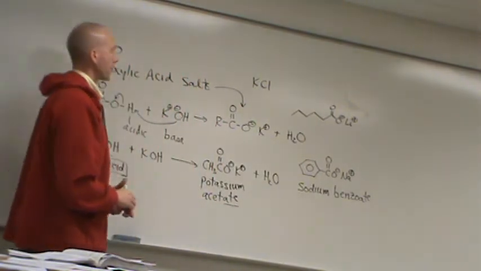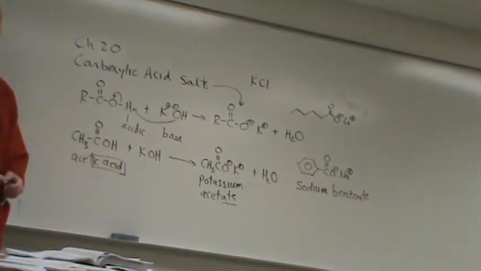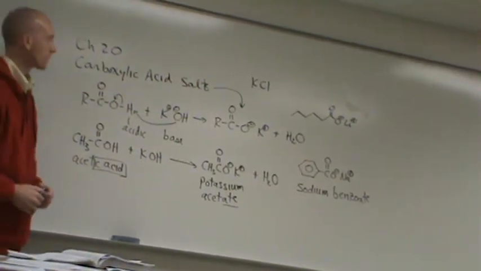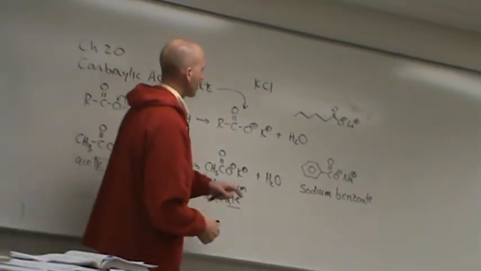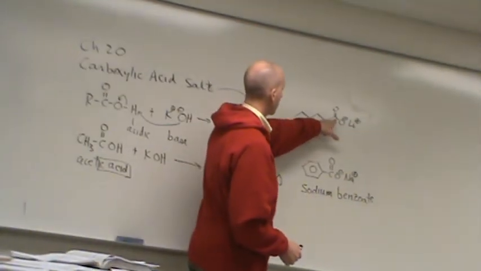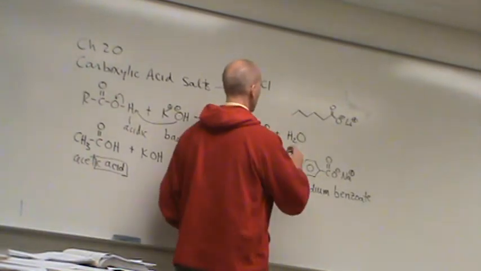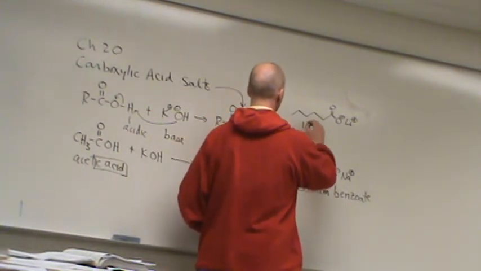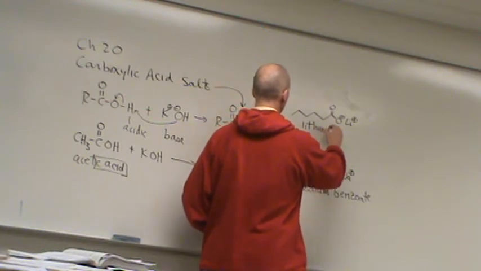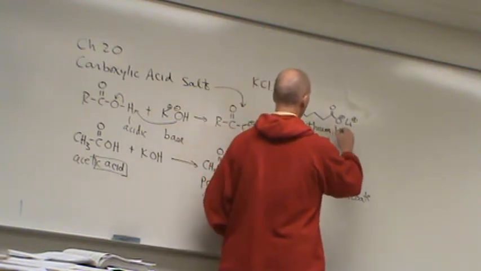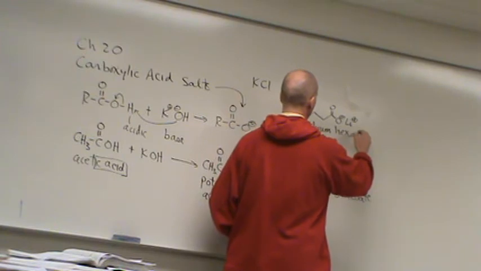One more, how would you name something like that? Lithium. And how many carbons? 2, 4, 6. Six is hexanoic acid.